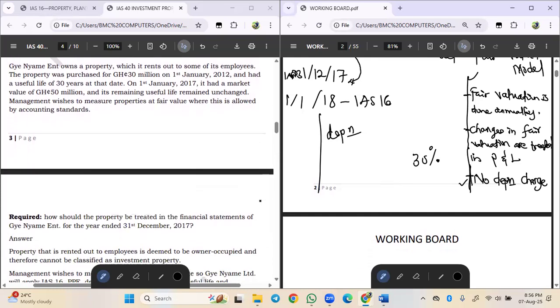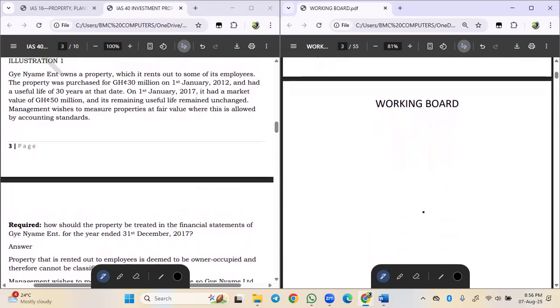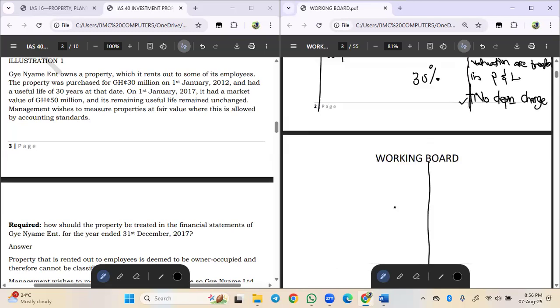Okay, so please let's read this particular illustration. That is illustration 1. Junior May Enterprise owns a property which it rents out to some of its employees. The property was purchased for 30 million Ghana cedis on 1st January 2012 and had a useful life of 30 years at that date.